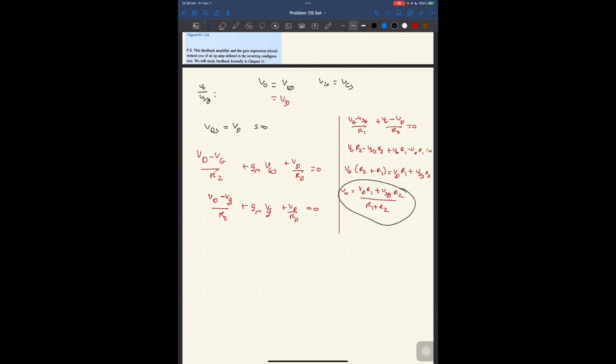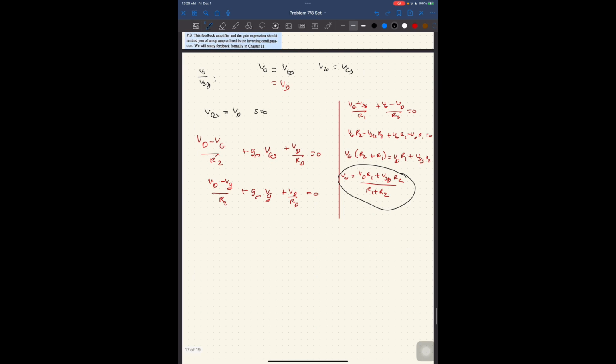So I could write VG in terms of VD R1 plus V sig R2 over R1 plus R2, such that I say that VD over R2 minus VD R1 plus V sig R2 over R1 plus R2 times 1 over R2, plus gm times VD R1 plus V sig R2 over R1 plus R2, plus VD over RD is equal to 0.